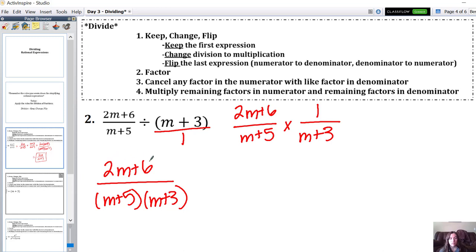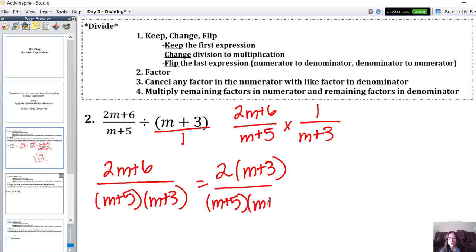So a GCF from both of these terms is 2, and when I divide both terms by 2, I'm left with m plus 3. Which is exactly the same as one of the factors in our denominator, which we can then get rid of, because m plus 3 over m plus 3 is just 1. So we're left with 2 over m plus 5.